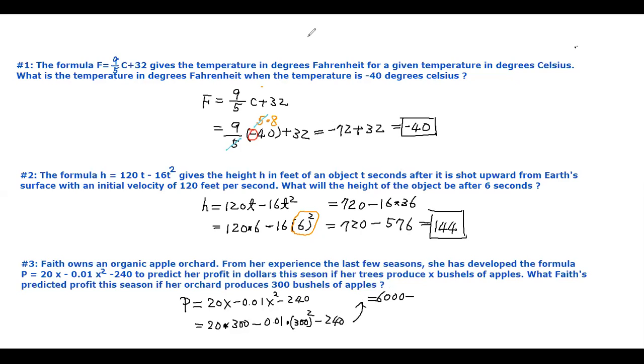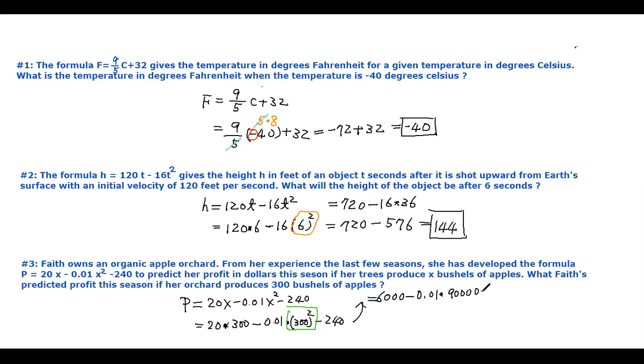And minus, be careful here, because the exponents take the priority over the multiplication. So you need to do 300, do the square, which will give you 90,000, right? So here you have 0.01 times 90,000, all right?